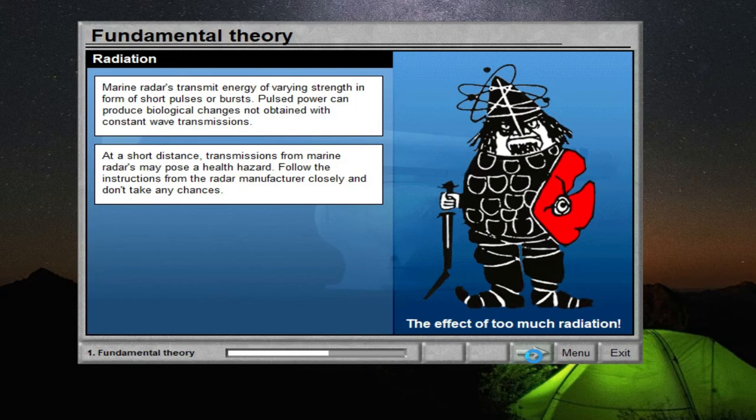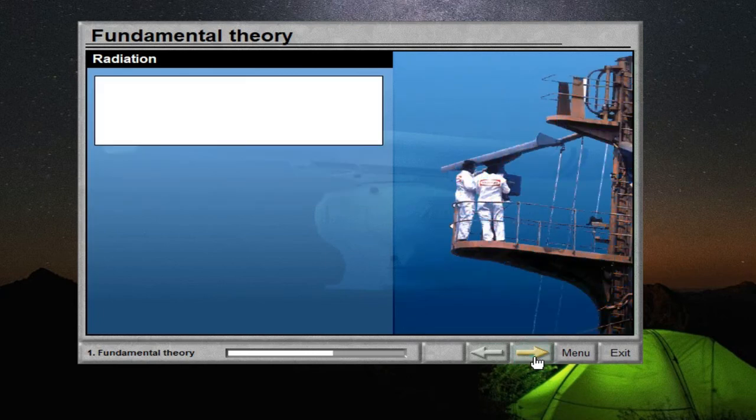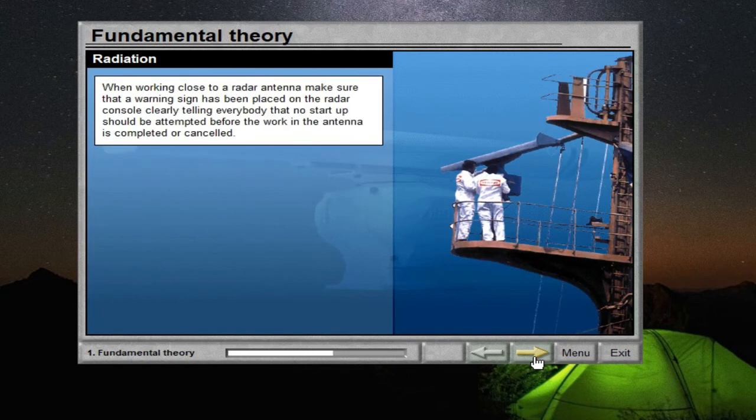Follow the instructions from the radar manufacturer closely and don't take any chances. When working close to a radar antenna, make sure that a warning sign has been placed on the radar console, clearly telling everybody that no startup should be attempted before the work in the antenna is completed or cancelled.